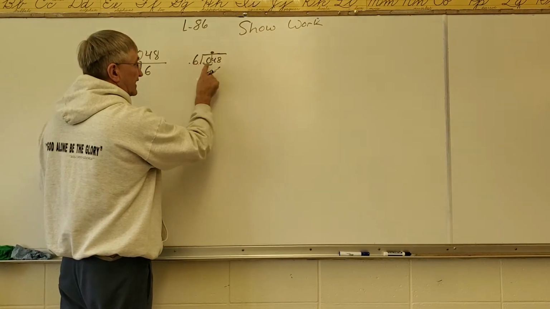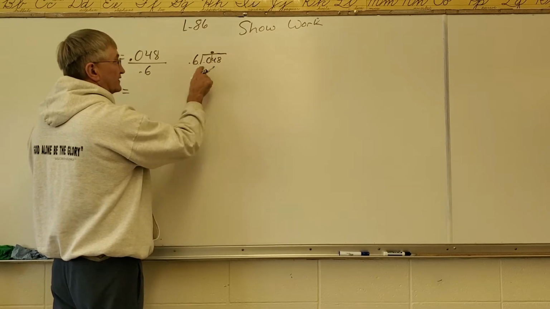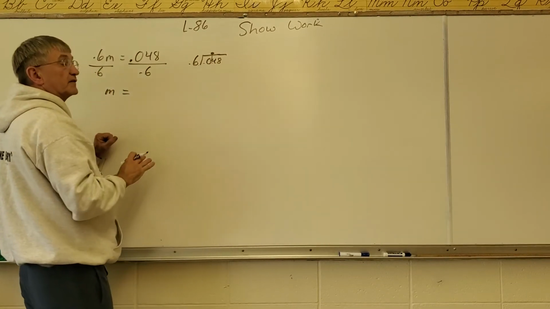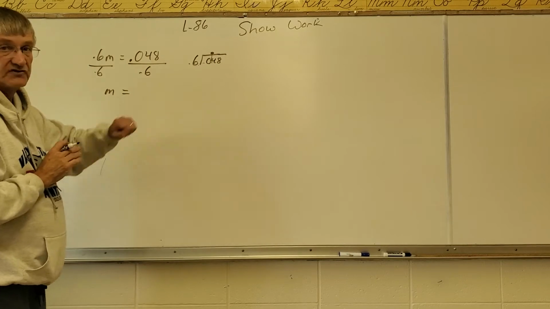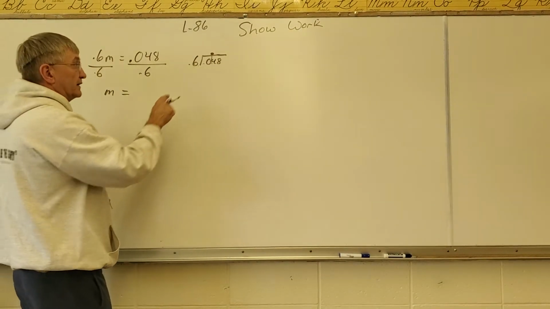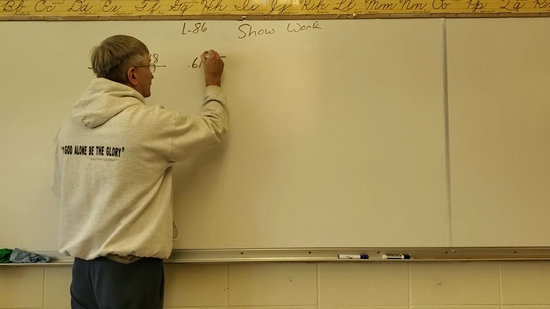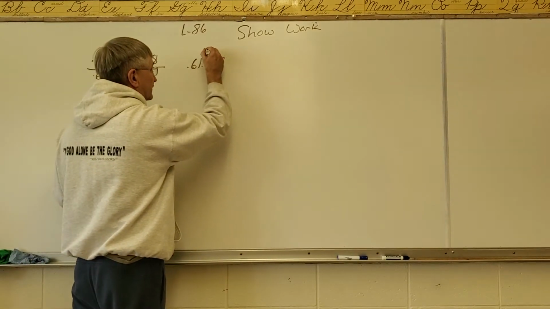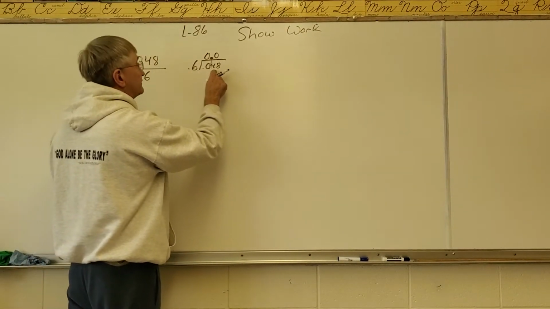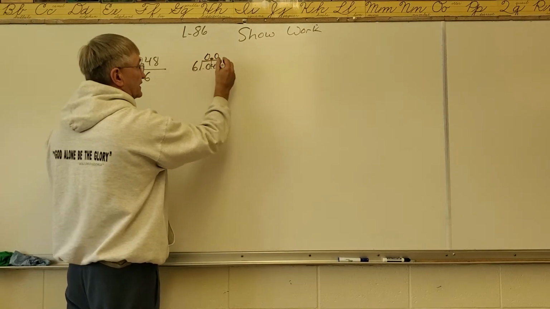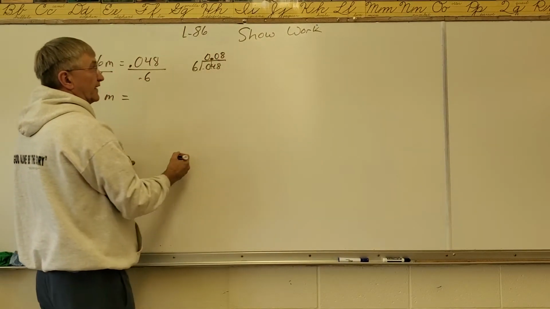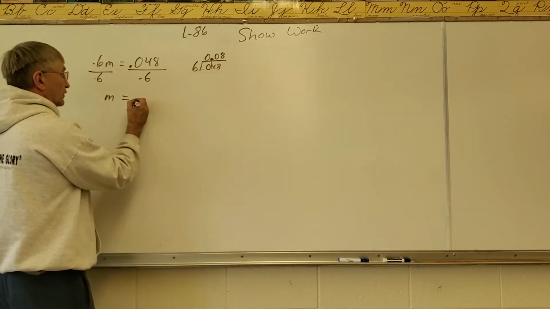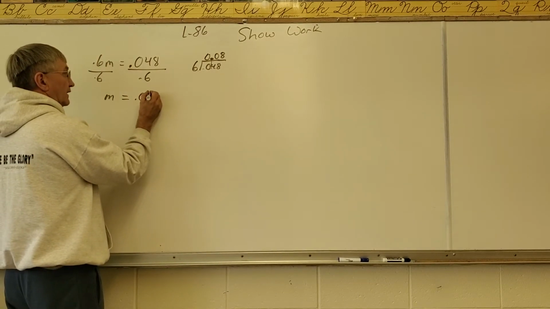Now that that's all set up, here's where in decimals I said to always divide into each number, no matter what, so you can keep it straight. 6 into 0 can't go, so we get a 0. Can 6 go into 4? No, it can't. That's 0. Can 6 go into 48? Yes, it can, which equals 8. So my final answer is m equals 0.08.